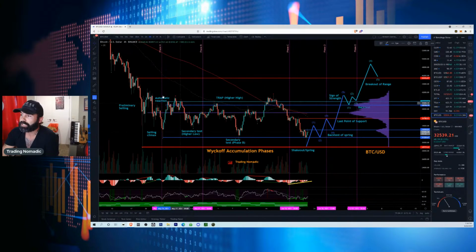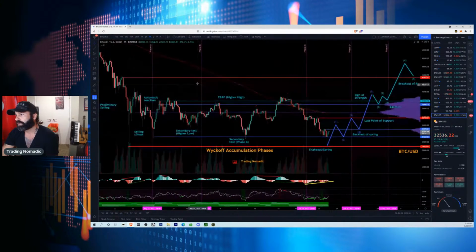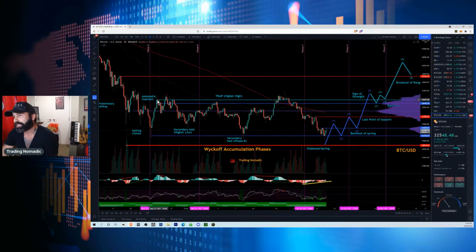And as you can see, if you look at phase A here, you got this rounding top distribution, bringing you back down to the lows after putting in that higher high, and then the same thing here. And this is phase B, and traders trying to take a long here, thinking that was the move. We're moving up. That's a trap.